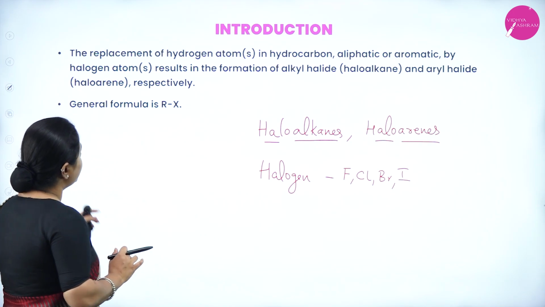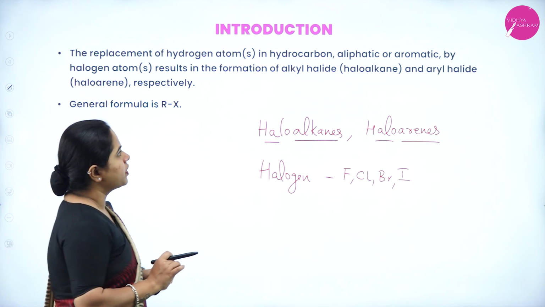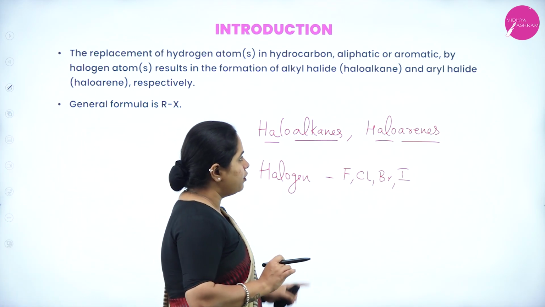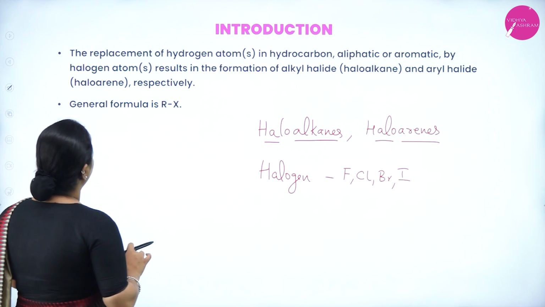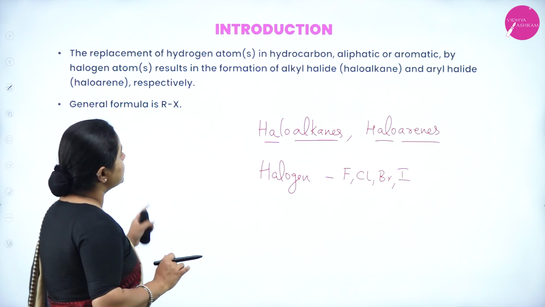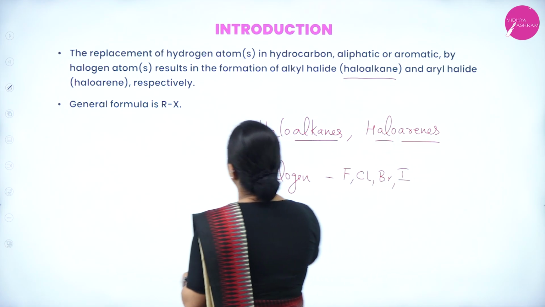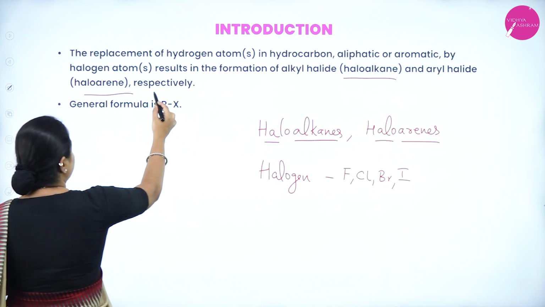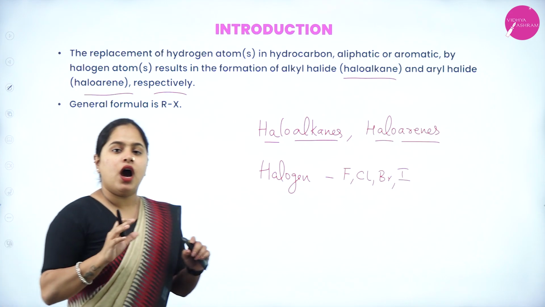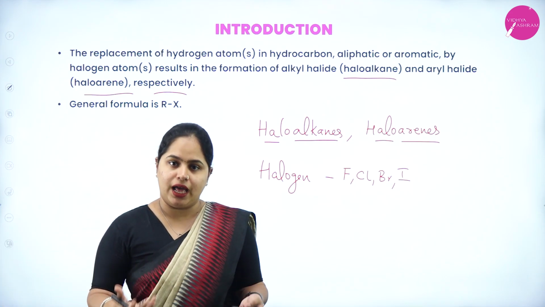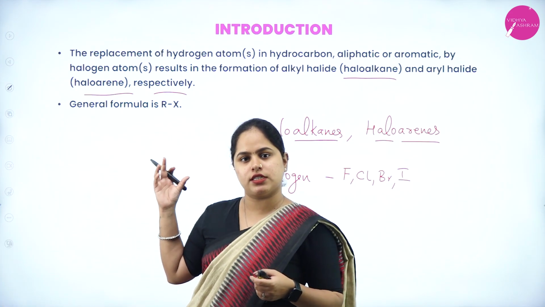Now let's see. The replacement of a hydrogen atom in a hydrocarbon, aliphatic or aromatic, by a halogen atom results in the formation of alkyl halide, which is called haloalkane, and aryl halide, which is called haloarene, respectively. So how do we obtain a haloalkane or haloarene is what is written in this sentence.